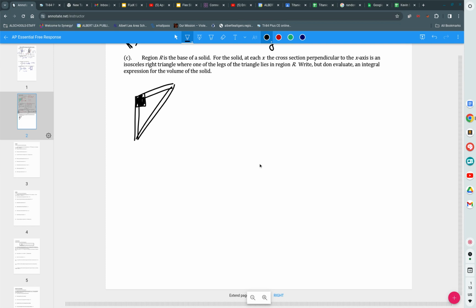Since the width is horizontal, it's dx. And then, so we have the triangle, you have 1/2 base times height. So you can see that this dimension is just top minus bottom, so you have f of x minus g of x.